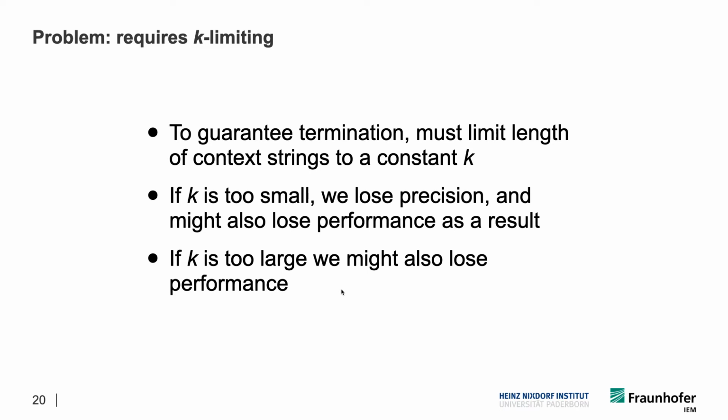So if k would be 10 or so, let's say, then you could have n to the k different calling context strings, where n is the number of call sites in your program, and this can be a huge number. So you should not choose k too large. But unfortunately, if k is too small, then you lose precision.